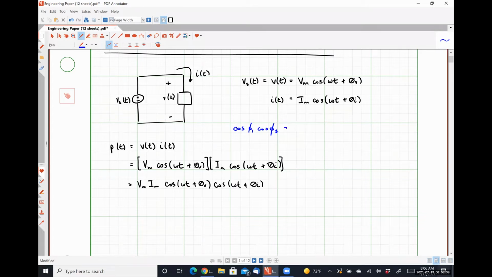So when I multiply 2 cosine functions together, like this, what I'll find is I have 1/2 cosine of phi1 minus phi2 plus 1/2 cosine phi1 plus phi2. That's our trig identity that we're going to be using here.